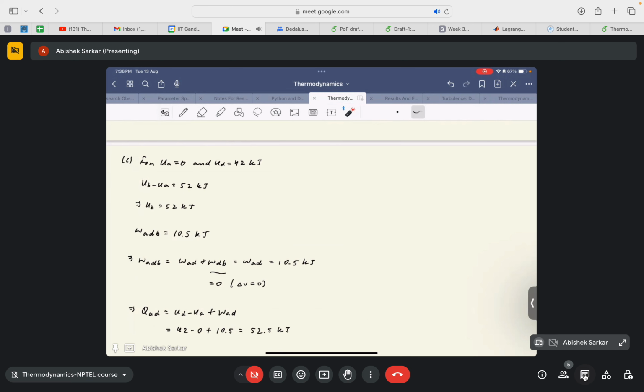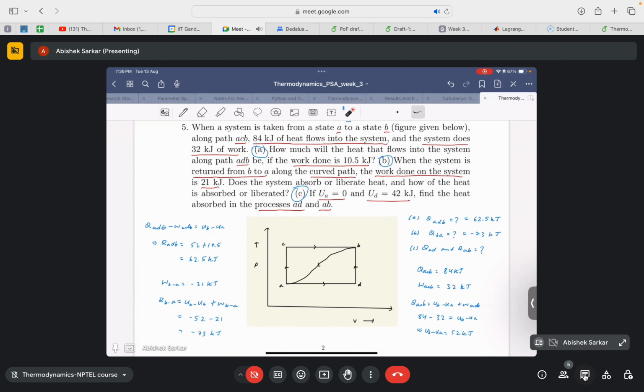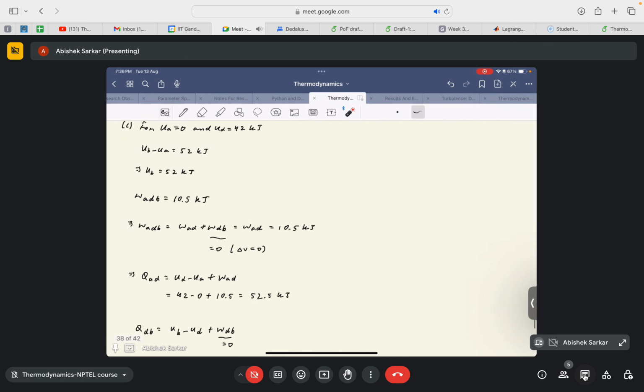So we have that UA is equal to 0, then and UD is equal to 42 kilojoule. Okay, it is given in the question, right? UD is 42 kilojoule. Okay, so we have that UB minus UA is equal to 52 kilojoule from the previous sub questions. Then you get that UB is equal to 52 kilojoule. Why? Because UA is equal to 0. Now WADB is equal to 10.5 kilojoule. That is also given in the questions.